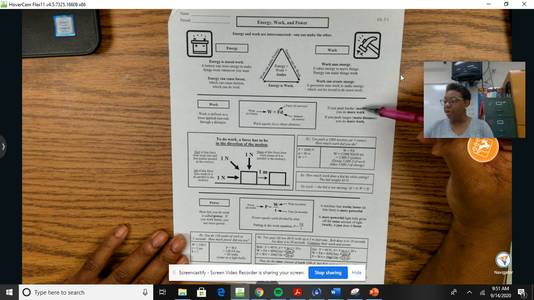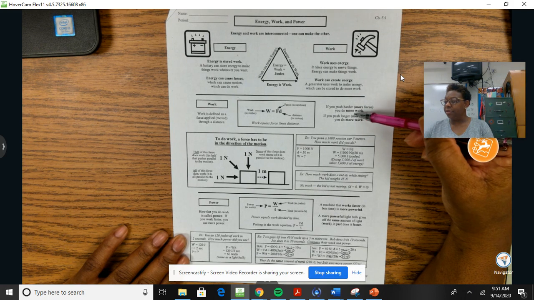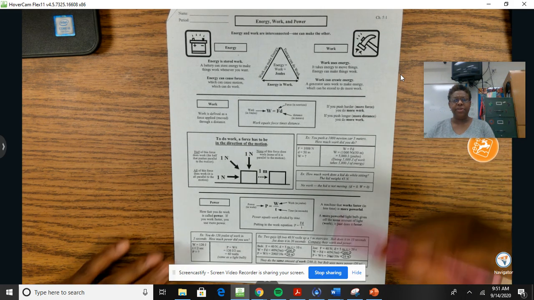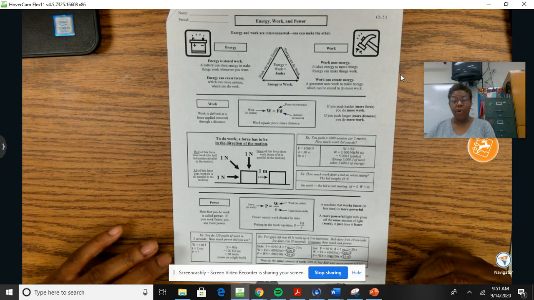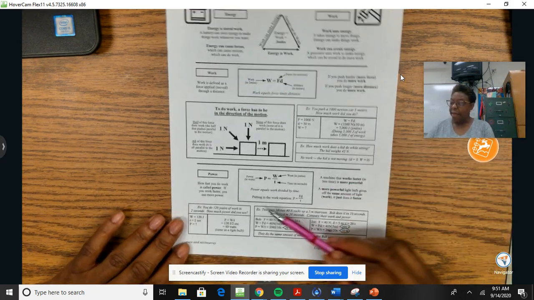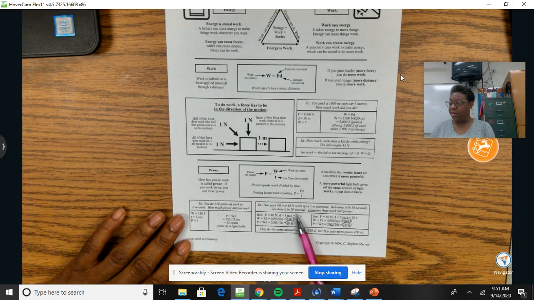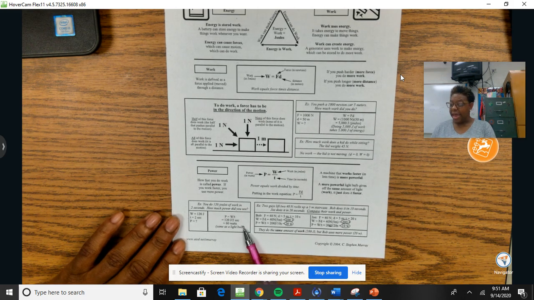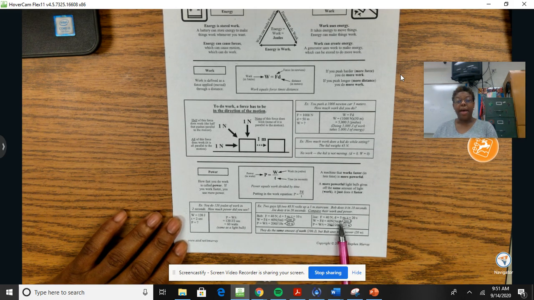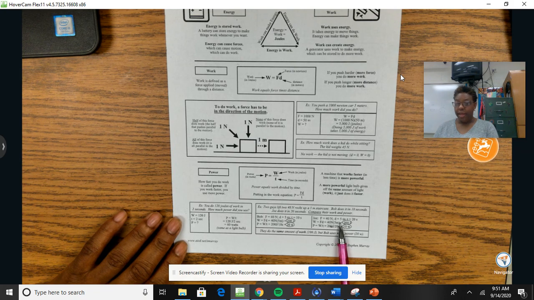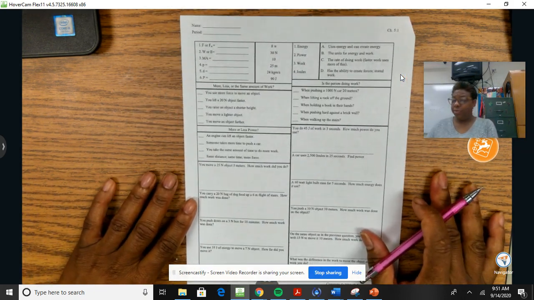If you push an object harder, you do more work. If you push an object longer, you do more work, right? So these are notes about work and about power. So at the bottom of the page, it introduces you to power and gives you a couple of power examples. On the back of the sheet, we're going to answer some questions.